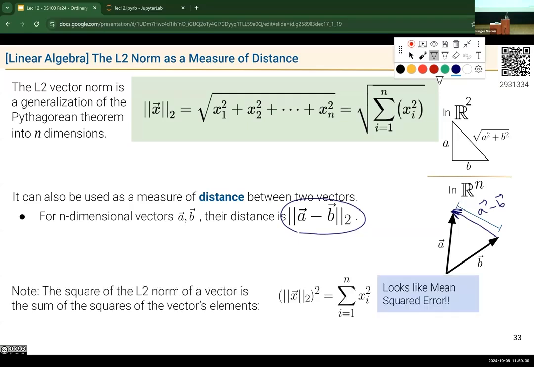Again, this is the point that I was making, that the entire summation of these xi squared values is kind of similar to what you had seen in the objective function of calculating mean squared error.